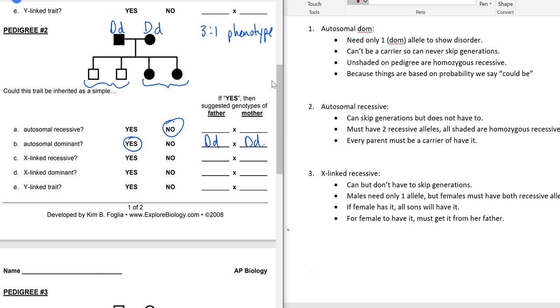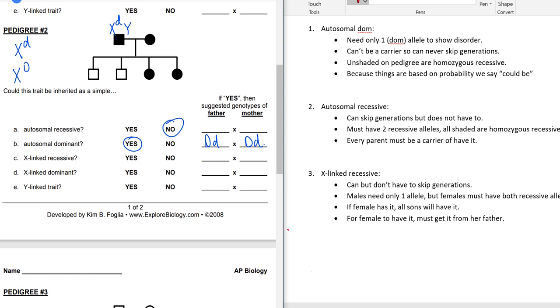All right. What about X-linked recessive? Again, if we're talking about X-linked recessive, then recessive is a lowercase d as a superscript on the X chromosome, and normal would be a capital D. So X-linked recessive, that means that this parent, the father, has only one X chromosome and it must be lowercase d.